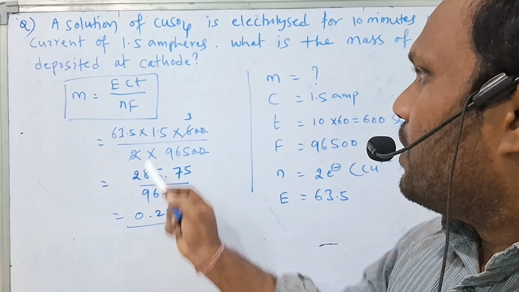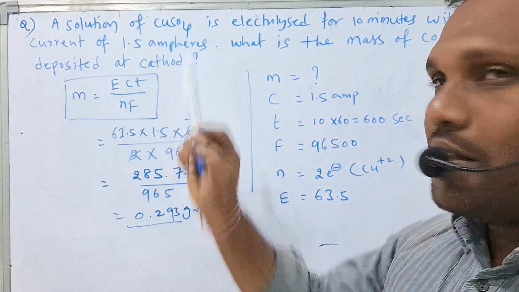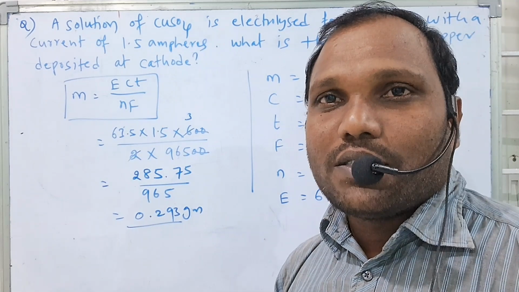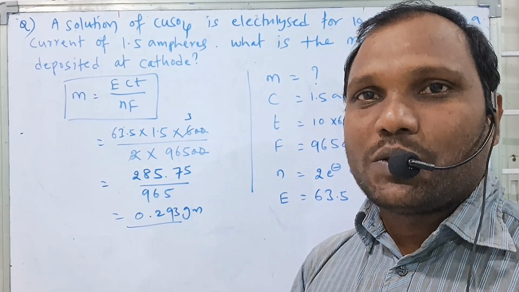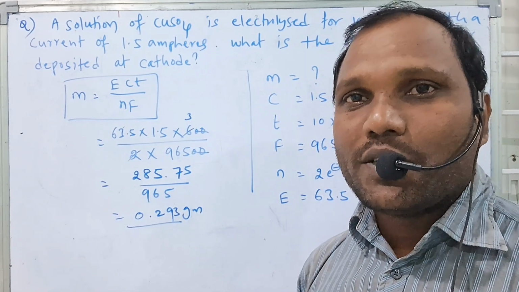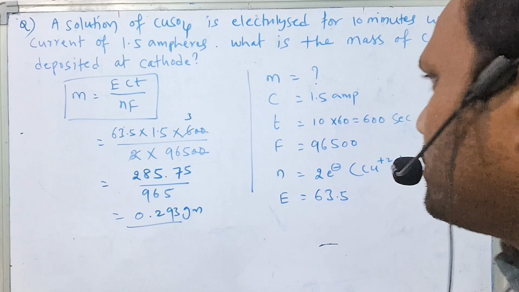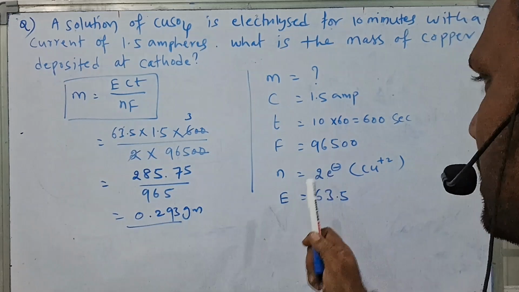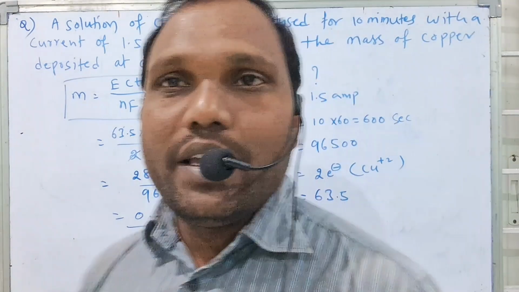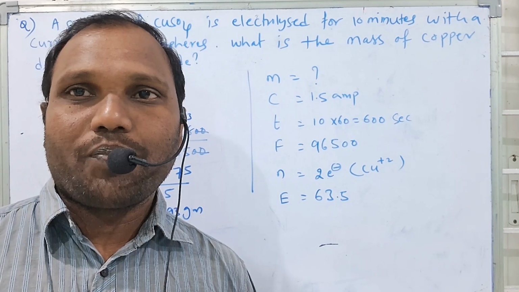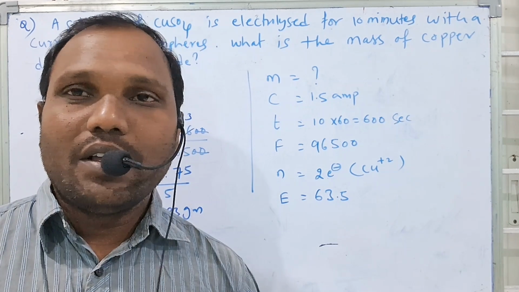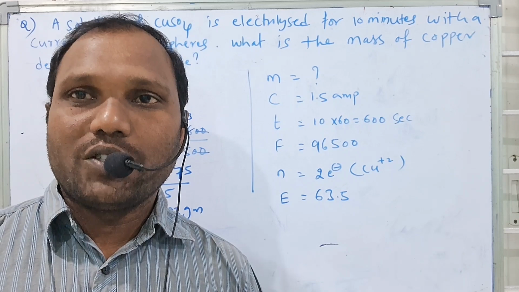Okay, N is what? The charge during the electrolysis. Copper sulfate dissociates, which gives what? Cu plus 2 and SO4 minus 2. The number of electrons transferred is 2. That's why the number of electrons is 2. Here E is what actually? Equivalent weight. Equivalent weight means copper's atomic weight divided by its charge.